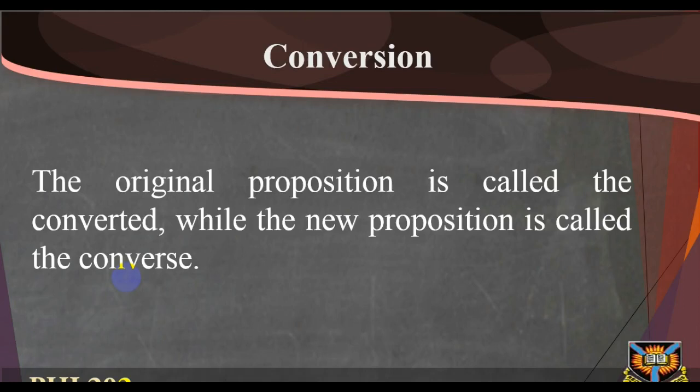Conversion is, however, a valid inference when applied to E and I propositions, but not valid for the O proposition. State the converse, obverse, and contrapositive of the following propositions and state whether conversion, obversion, or contrapositive is valid for them. 1.